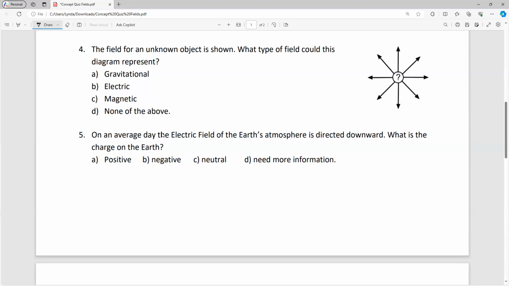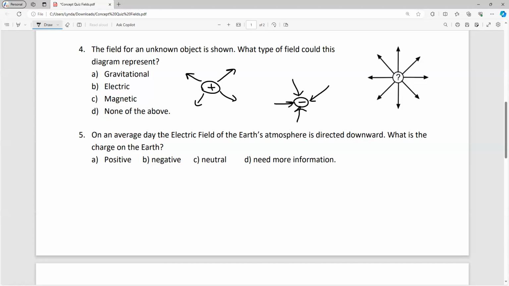So if lines are going out, so if you have positive and negative, so out of positive, but towards negative, right?